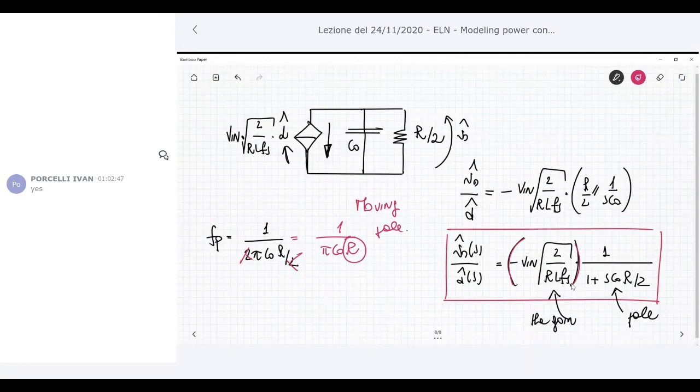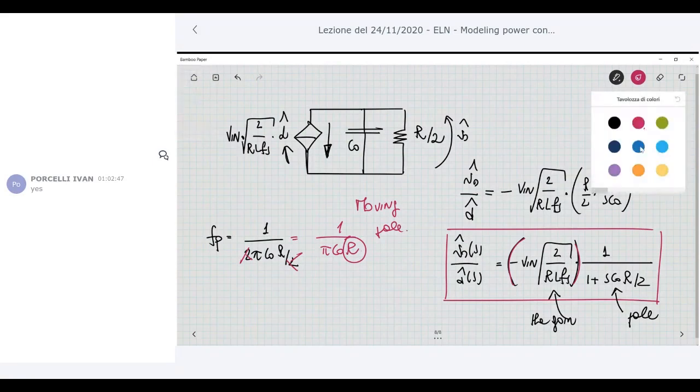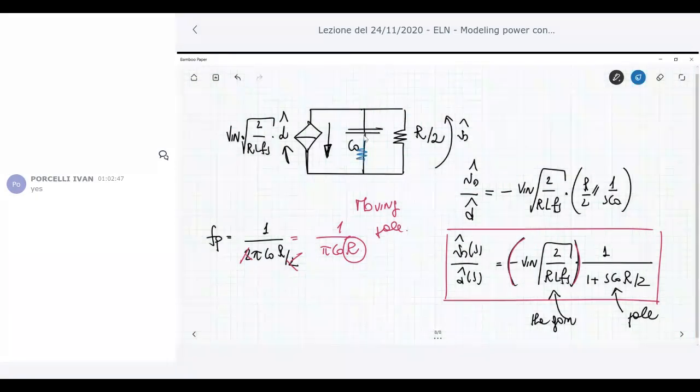And then what happens? Here we have not considered the ESR. If you consider the ESR here, you do not have to restart your computation from the beginning, etc. You have just to apply the ESR here and derive the new expression.